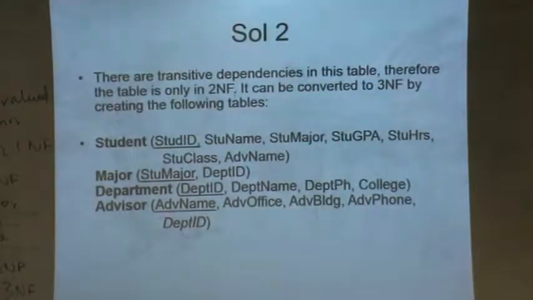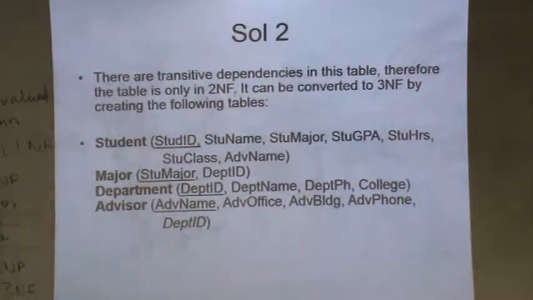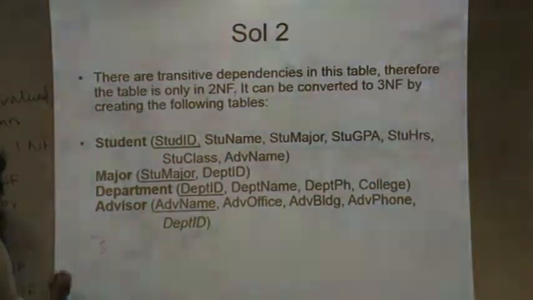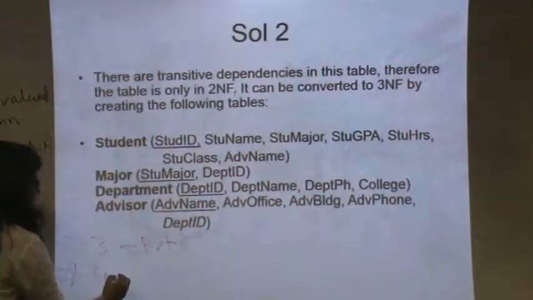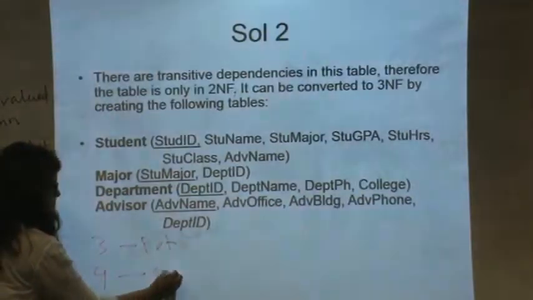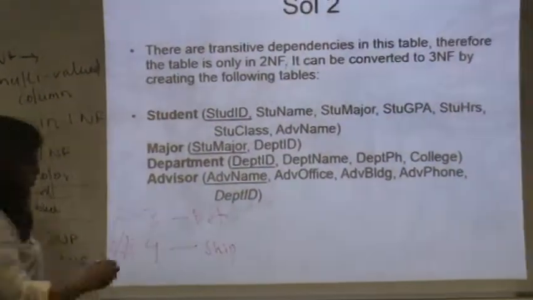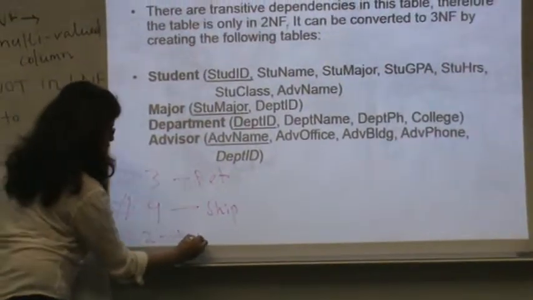For your assignment, I'm already showing you the solution for number 3 and number 4. Number 3 was about the pet stuff, and 4 is about the ship. Now I will also discuss one more, which is number 2. It's about the student.